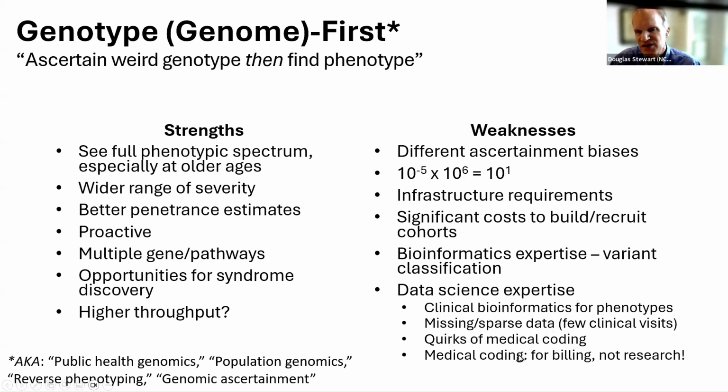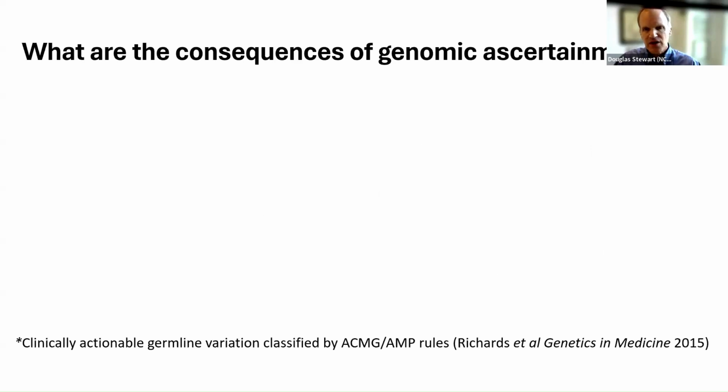And of course, ICD codes were developed for billing, not for research. Different institutions have different quirks and cultures of coding, so a certain entity may be coded in one way at one institution and quite differently at another.